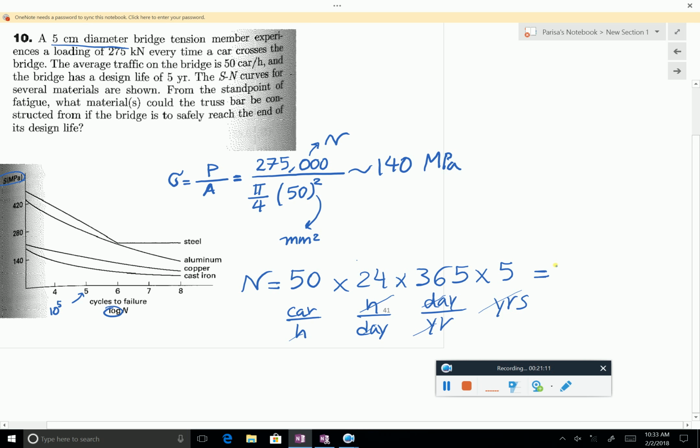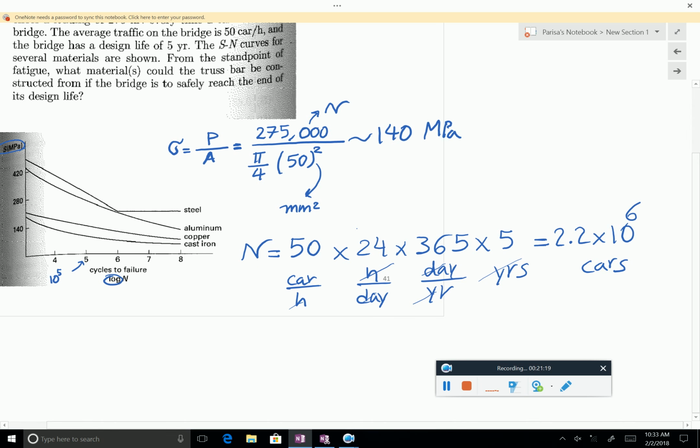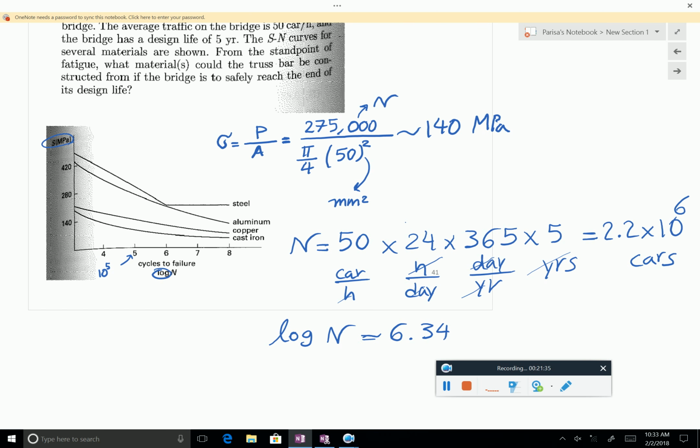I think it's around 2.2 times 10 to the 6 cars, if I'm not mistaken. And if you take the logarithm of this number, which is not hard, you just press log on your calculator, you should get a number which is about 6.3 or 4.